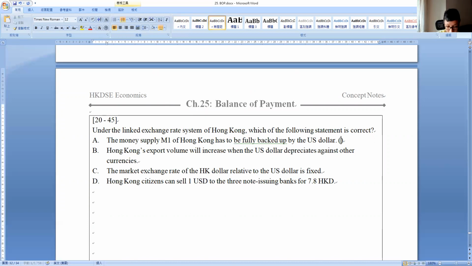No, we just mentioned it should be M0, not M1, right? 好啦，export volume will increase when USD depreciate. 好啦，睇啦，when USD depreciate, it means Hong Kong dollar also depreciate. 係嘛？When Hong Kong dollar depreciate, export increase. 係嘛？So volume of export would increase. Yes, this is the correct answer.